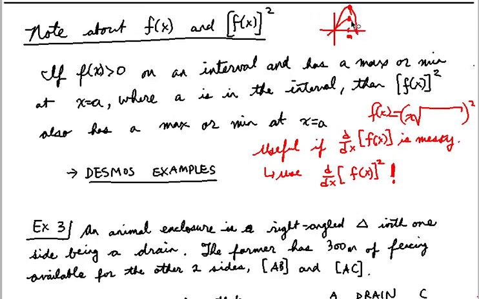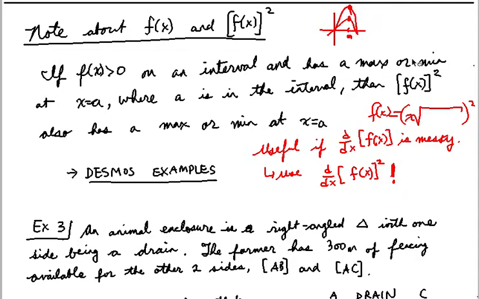If you think about it, it makes sense, because this y value is smaller than this y value, so if I square both of these numbers, the squared number would still be less than the squared number of the maximum.